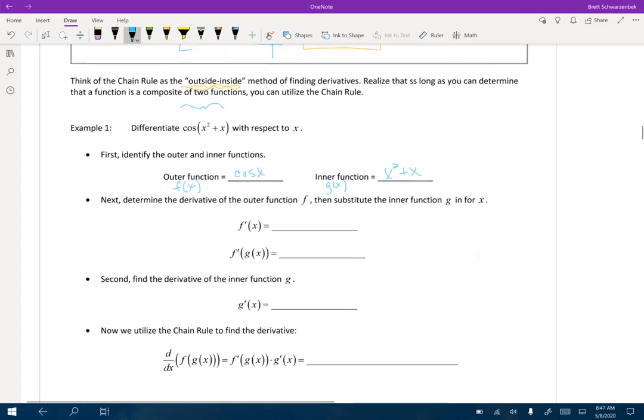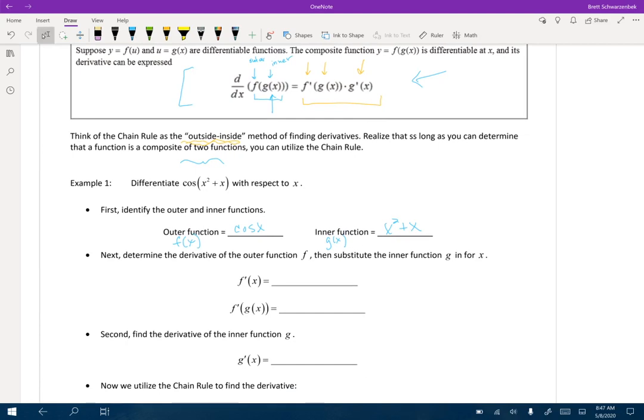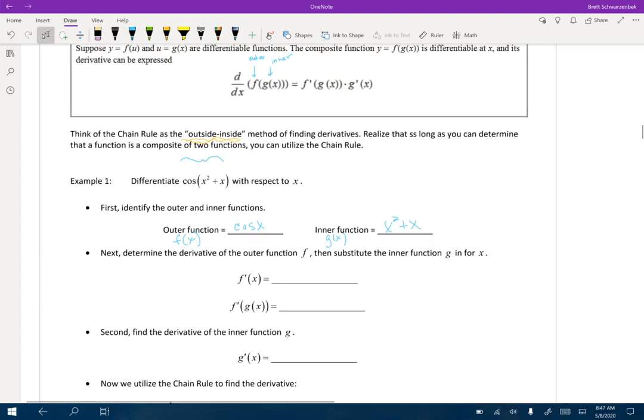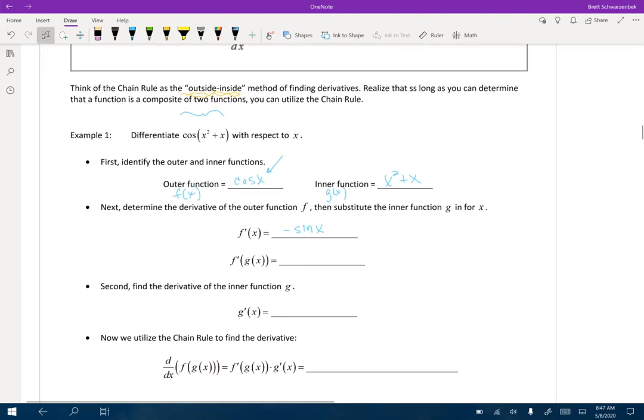So what do we need in order to find all the pieces that are up here? Next, determine the derivative of the outer function. We have our outer function right here. What's the derivative? You have learned that the derivative of cosine x is negative sine x. But now we need that derivative with g inside of it, the composite function.